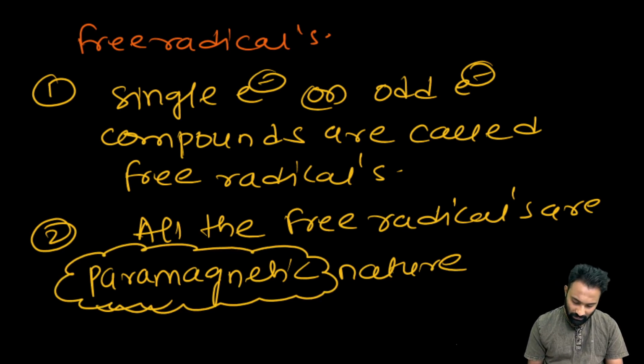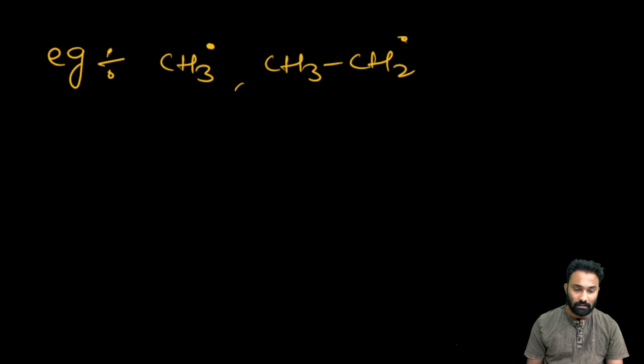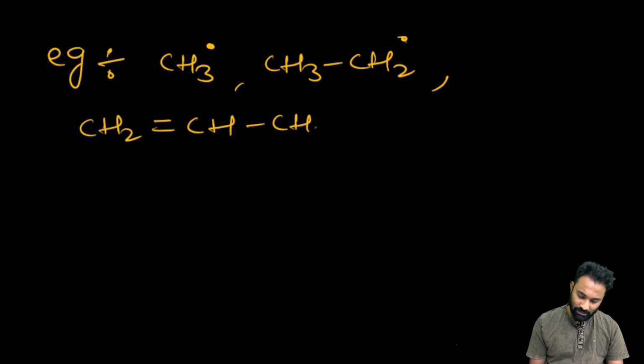Done. Now what are the examples for the free radical reagents? First one is the CH3 radical. Next, CH3CH2 radical. Next, CH2=CH2 radical. Next, X radical.